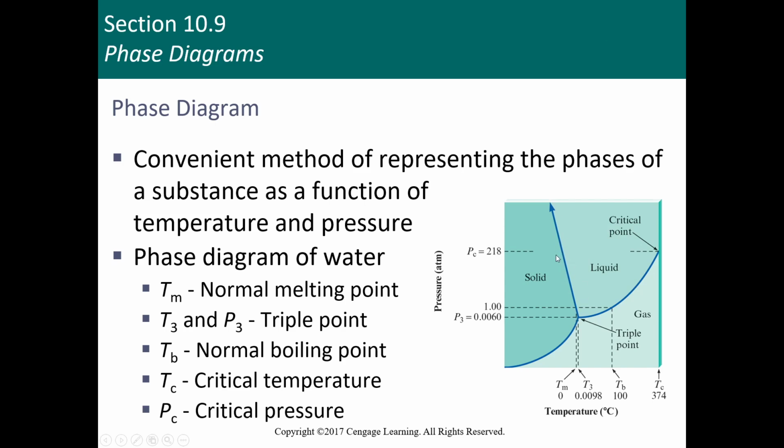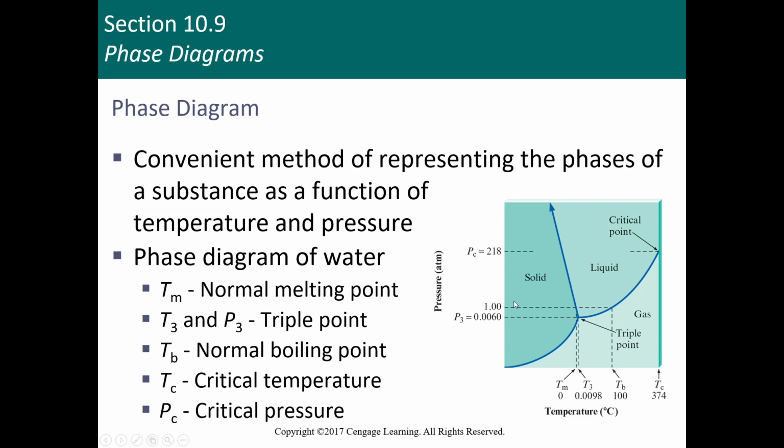See how it's sloped towards the solid? What that tells you is that as the pressure increases, this actually melts at a lower and lower temperature. So the solid takes up more space than the liquid, or the solid in this case is actually less dense than the liquid.